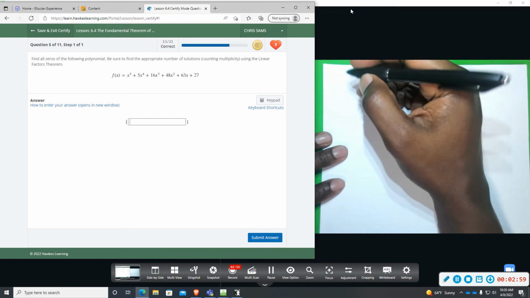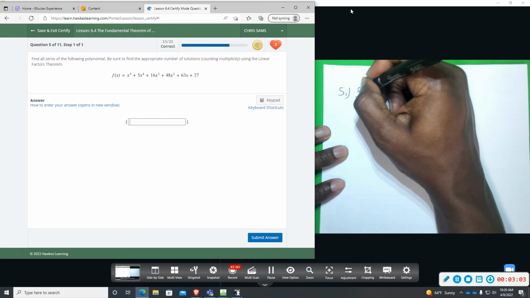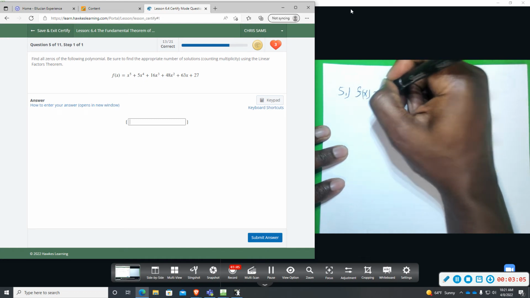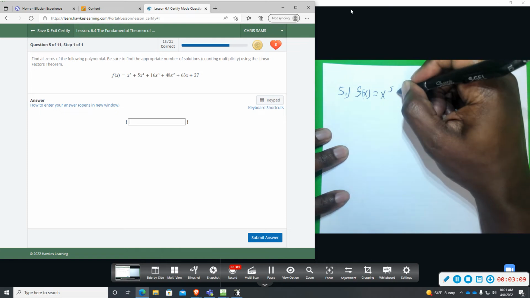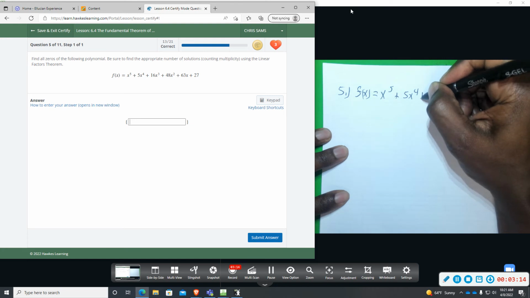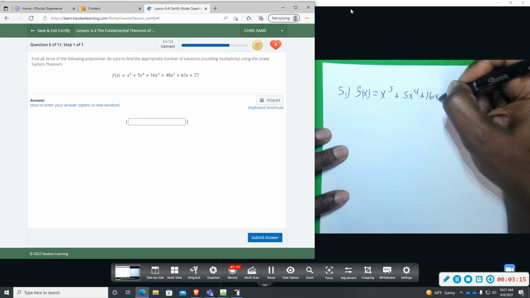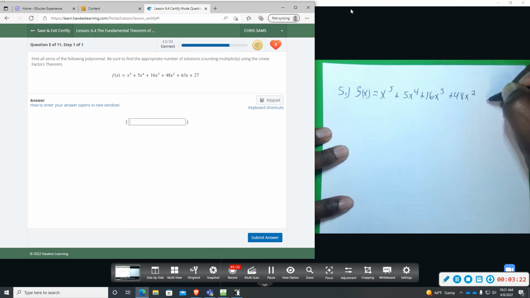So I'm going to write this down first. F of x equals x to the 5th plus 5x to the 4th plus 16x to the 3rd plus 48x squared plus 63x plus 27.